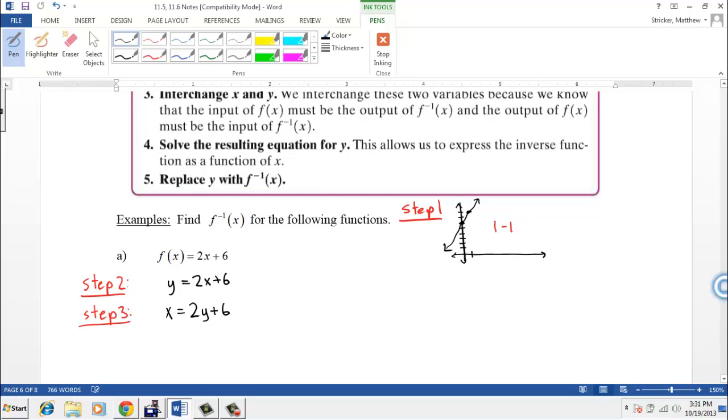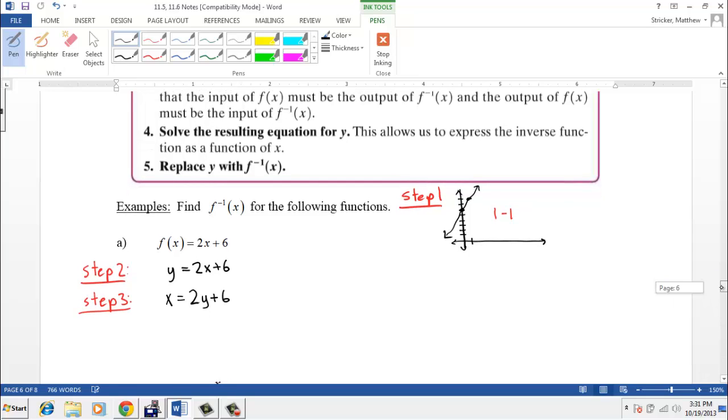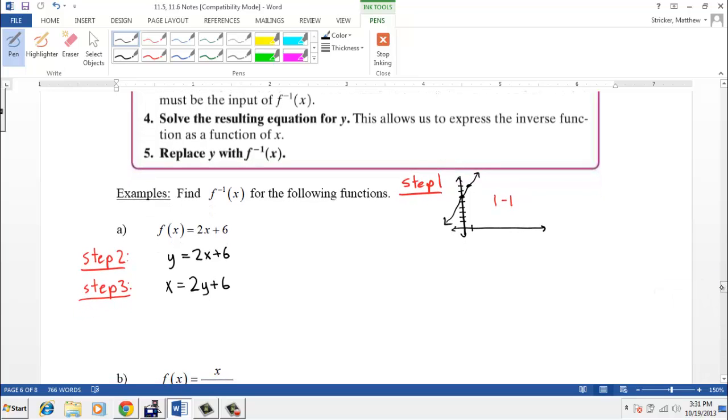Which brings us to the next step, step 4. Step 4 says to solve the resulting equation for y, we need to get y by itself, which means we'll probably start here by moving that 6 over to the other side. That's going to give us x minus 6 equals 2y.